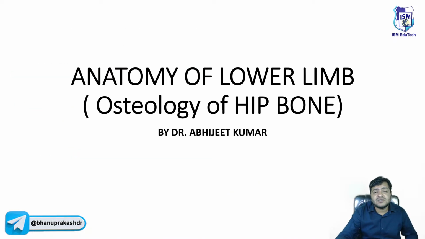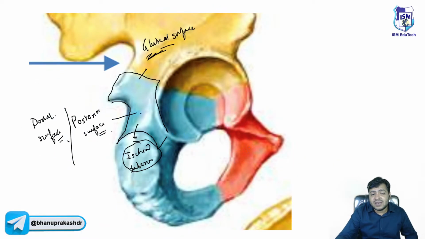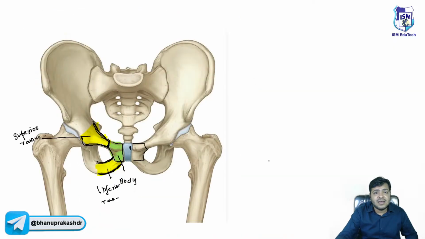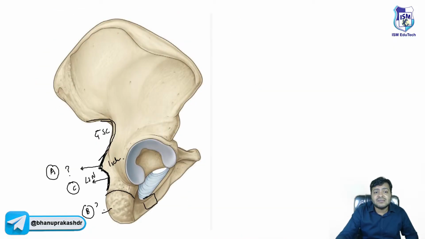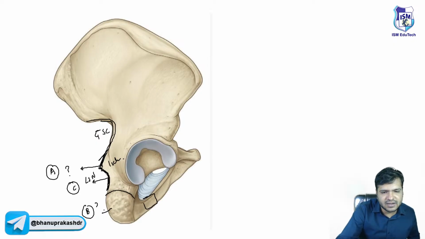The hip bone anatomy, I have taken 2 classes, beta, approximately around 4.5 hours. देखो कंटेंट इतना नहीं है, content is just like 2 or 3 pages, 4 pages max, but the point is कि आपको समझ में आना चाहिए. मैं ग्रेटर शियाटिक नॉच पूछूं, लेसर शियाटिक नॉच पूछूं, तो आपको पता होना चाहिए where it is.